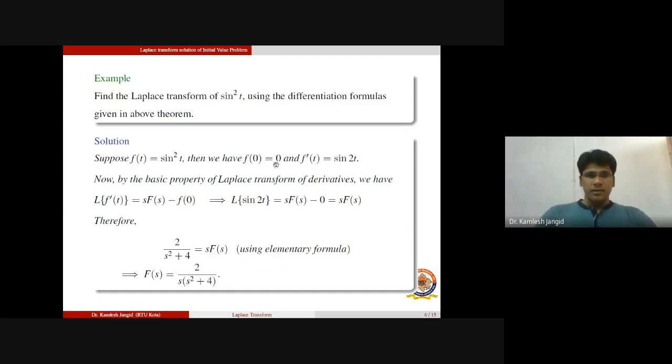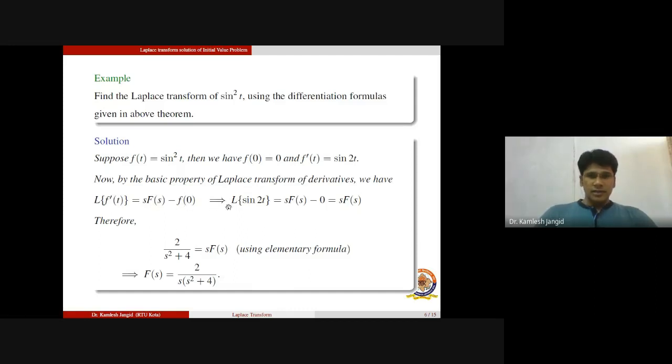So if we apply the previous theorem 1, the basic property of the Laplace transform of a derivative, the Laplace transform of the first derivative equals s times the Laplace transform of the function f minus the function value at 0.